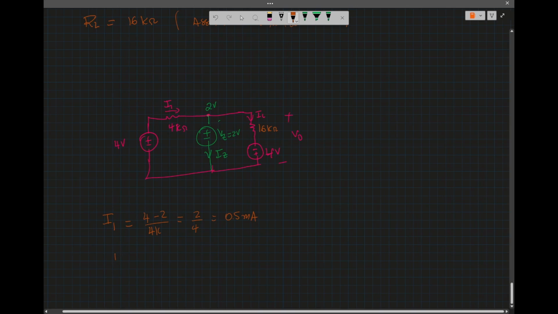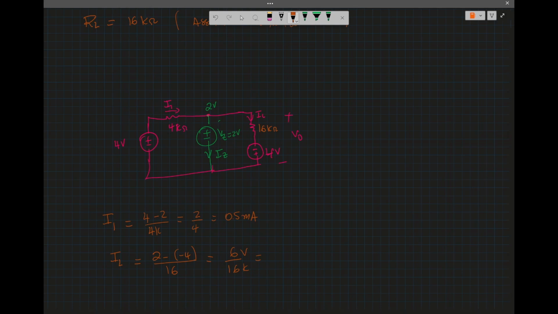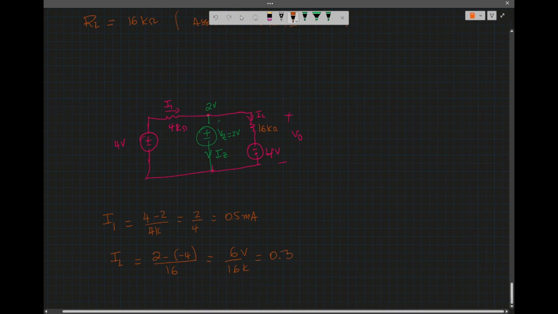Now I load is equal to 2 minus 4 divided by 16, which is 6 divided by 16, okay, 6 volt. So 6 divided by 16, that gives me 0.375 milliamp.